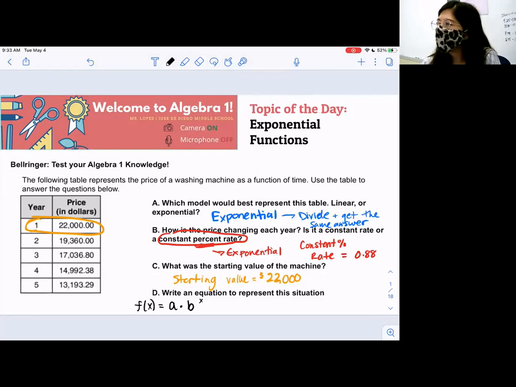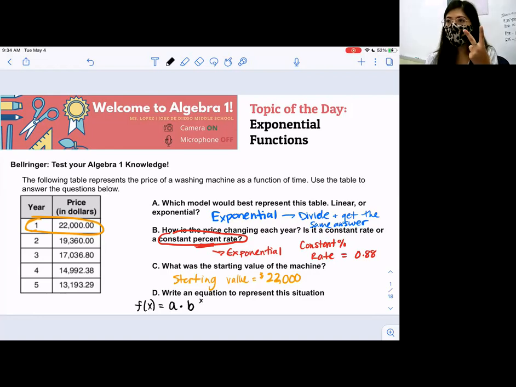Good, Lauren's got it. It's the starting value. So A is the starting value. So what do you guys think B is going to be? The rate, the percent rate.